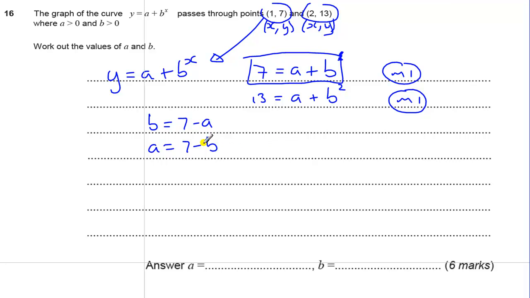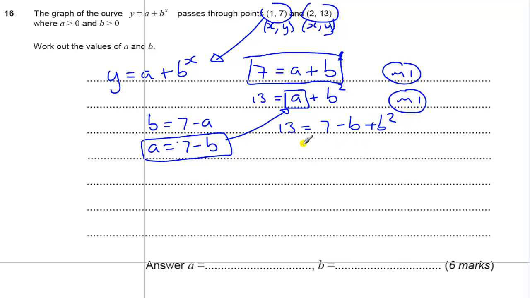Both of them will work, but which one's better to use? If I use this one, I'm going to have to square 7 minus a. It's not that hard, but I don't need to do that, because if I use this one, a equals 7 minus b, and I replace the letter a with 7 minus b, I get 13 equals 7 minus b plus b squared, which gives us a quadratic in b.